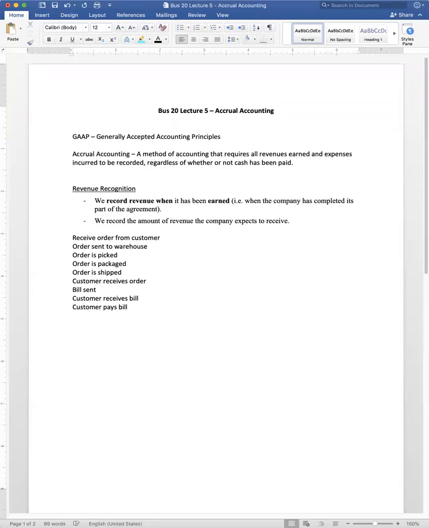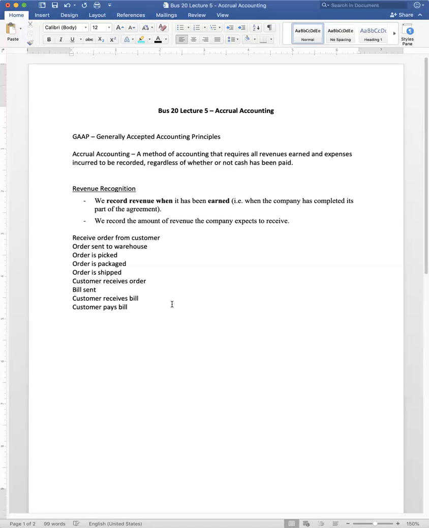So you can see that even for a relatively simple business, there are a number of steps that have to take place in order for the company to complete the process. Now, if you take a company that's reasonably active, you can imagine that on any given day, they have 10 or 100 or 1,000, or a company like Amazon, multiple thousands of orders that are somewhere in this process.